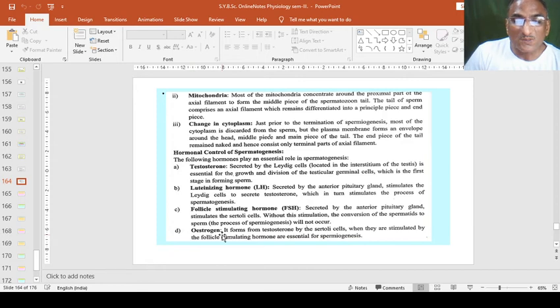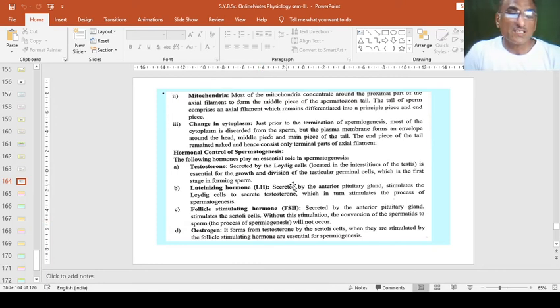It forms from testosterone by the Sertoli cells when they are stimulated by the follicle stimulating hormone, and is essential for spermiogenesis. So estrogen stimulates spermiogenesis, and it is formed by the Sertoli cells which are present in the seminiferous tubules.